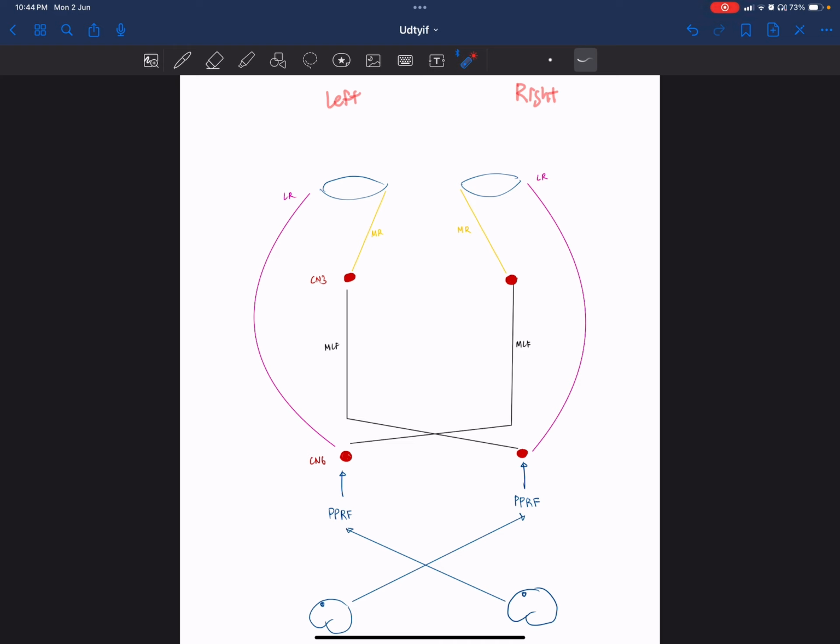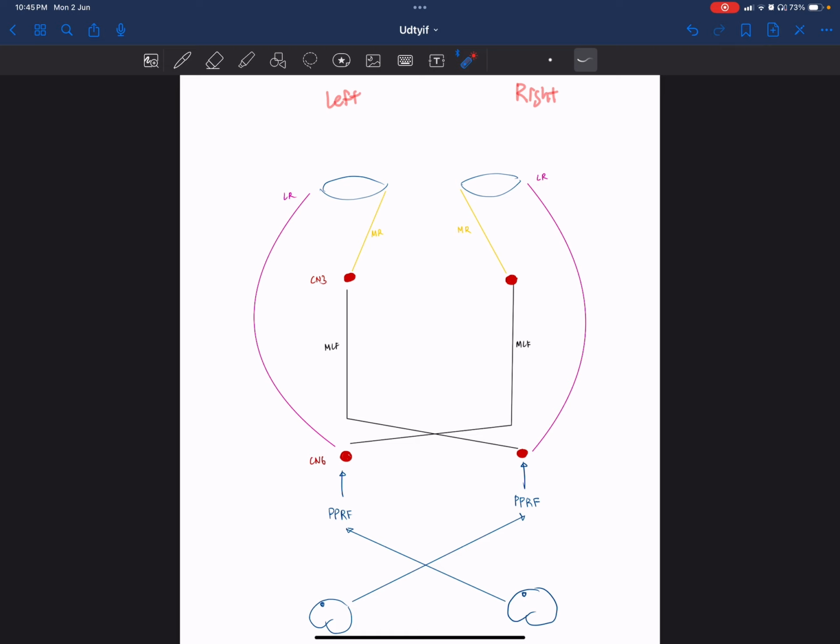Okay. This is your right eye, this is your left eye. Now, lateral gaze. These sides are lateral. Here it is medial. So here is lateral. So if you want to look laterally, what will happen?